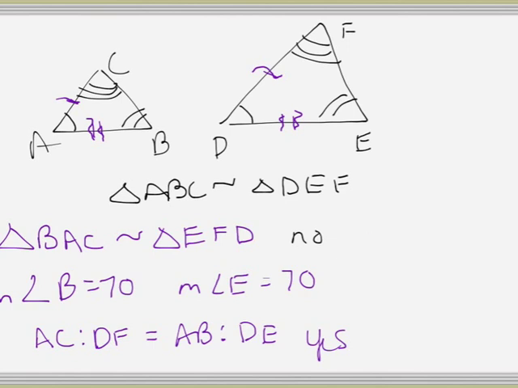Last question with this picture. If DF to AC is equal to 8 over 5, then what is EF to BC? Okay, so we want to make sure that we're talking about corresponding sides here. DF and AC, are those corresponding sides? Yeah, they're the ones I already marked with one little squiggle.